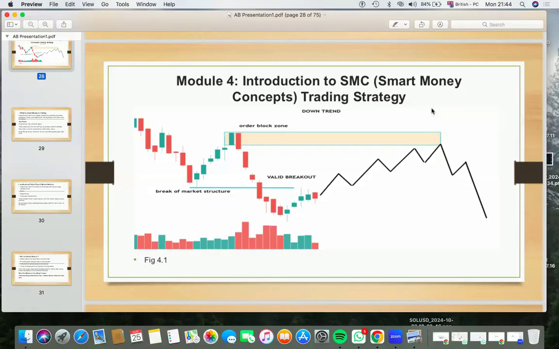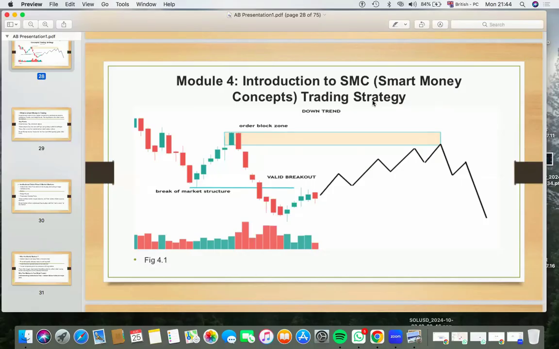There are a few words that you need to get familiar with, right? We have what we call break of structure, the abbreviation for that is BOS. So BOS stands for break of structure.